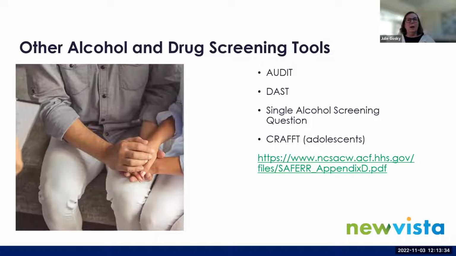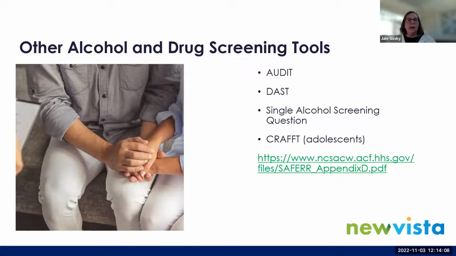I will admit that I was at first a little skeptical of whether or not 1 question was adequate to really get at whether or not someone needed further assessment for their drug and alcohol use. But the research shows that it is highly effective, and it does correlate pretty closely. I believe the rate is like an 84% sensitivity rate for that single question. So it is another tool that you can use, again, very quickly and know whether or not to begin that conversation.